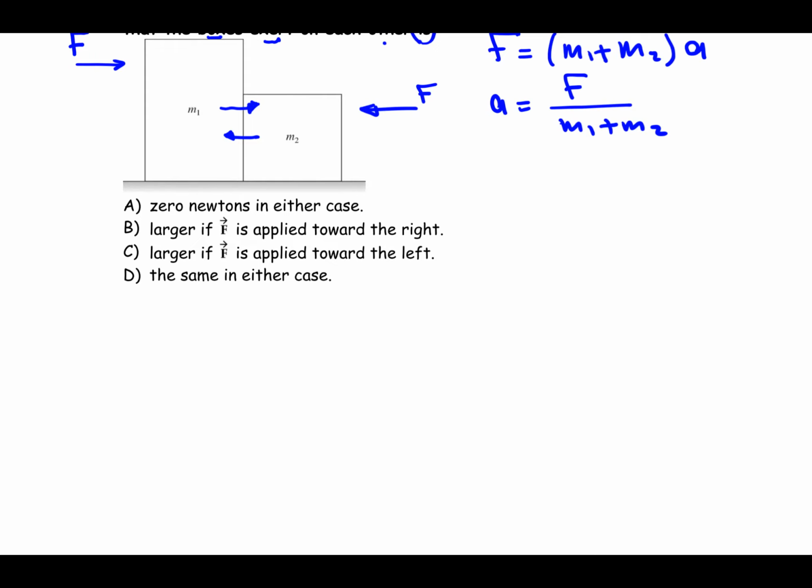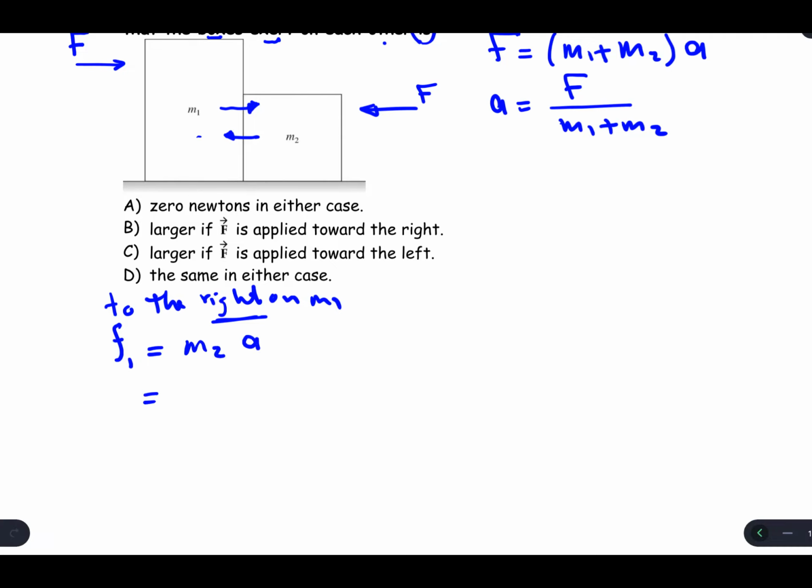If F is to the right, on M1, then M1 will apply a force, let's give it a symbol, small F1, to the right, from M1 on M2, so it equals M2 times A. The acceleration will be the same as we got before.